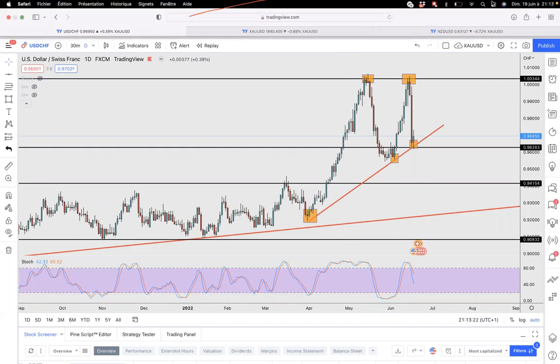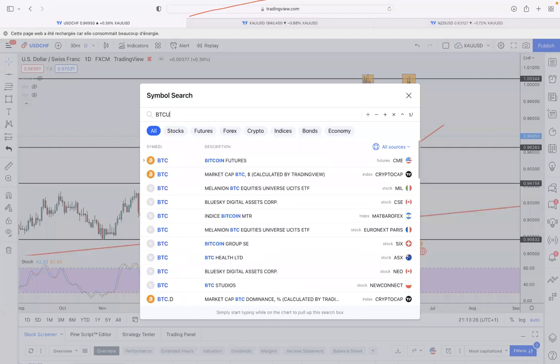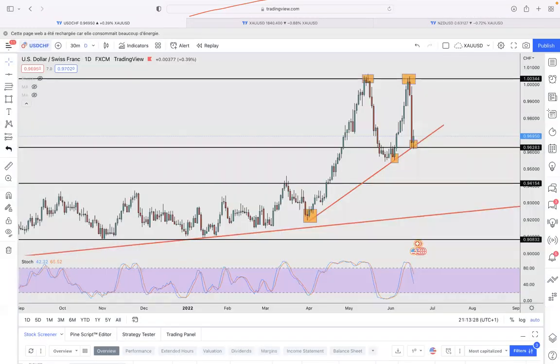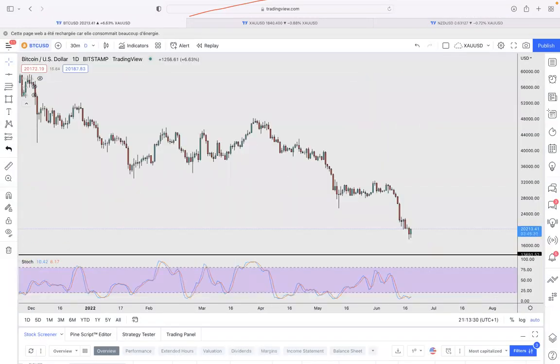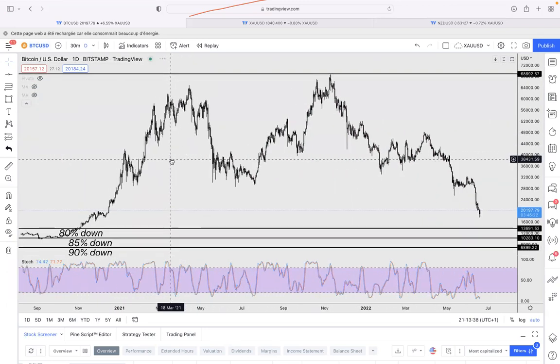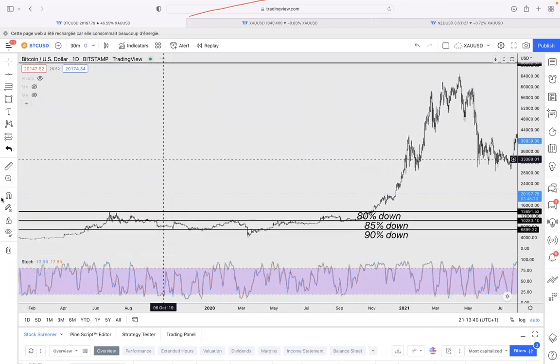So we're going to start with Bitcoin, okay? BTCUSD, okay? Now we can see it's at $20,230. Now you need to understand, I'm going to delete everything.